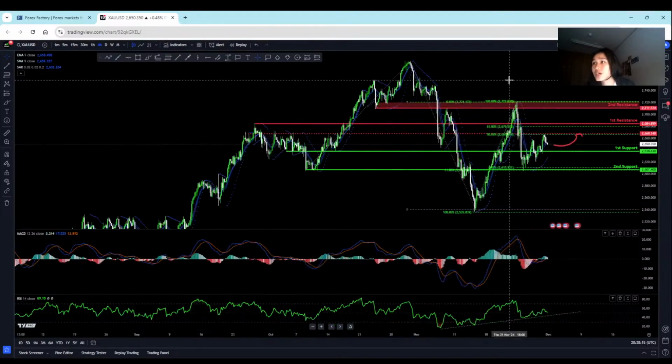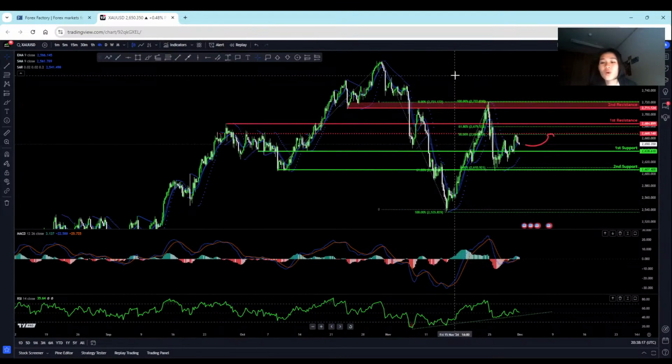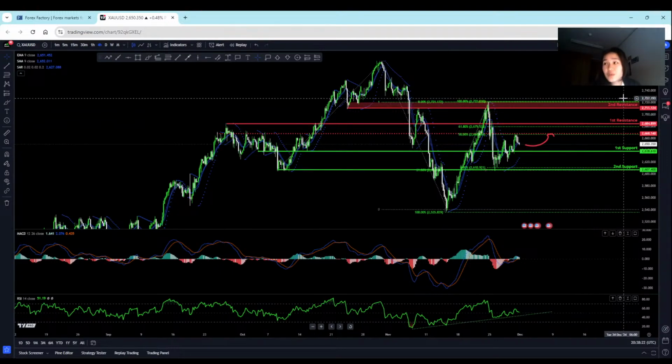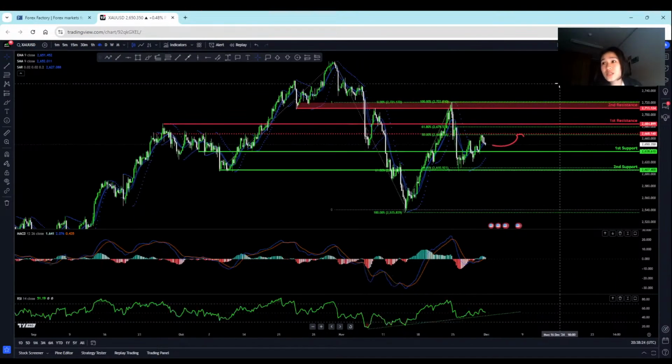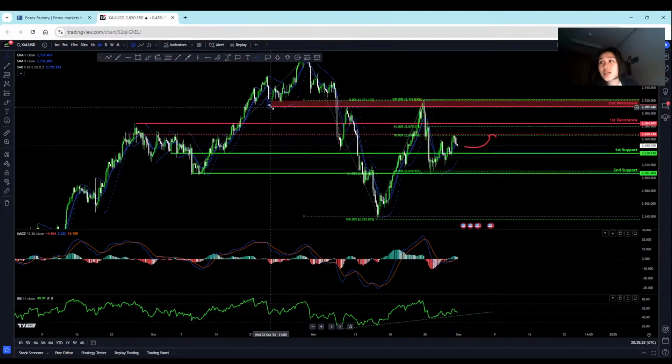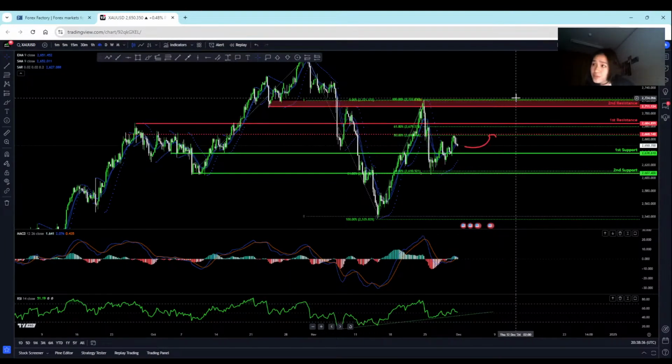But if we're looking at a more long-term perspective, you can place your take profit at the second resistance instead, since it's in line with a couple of major swing highs and swing low, and also 3 Fibonacci levels.